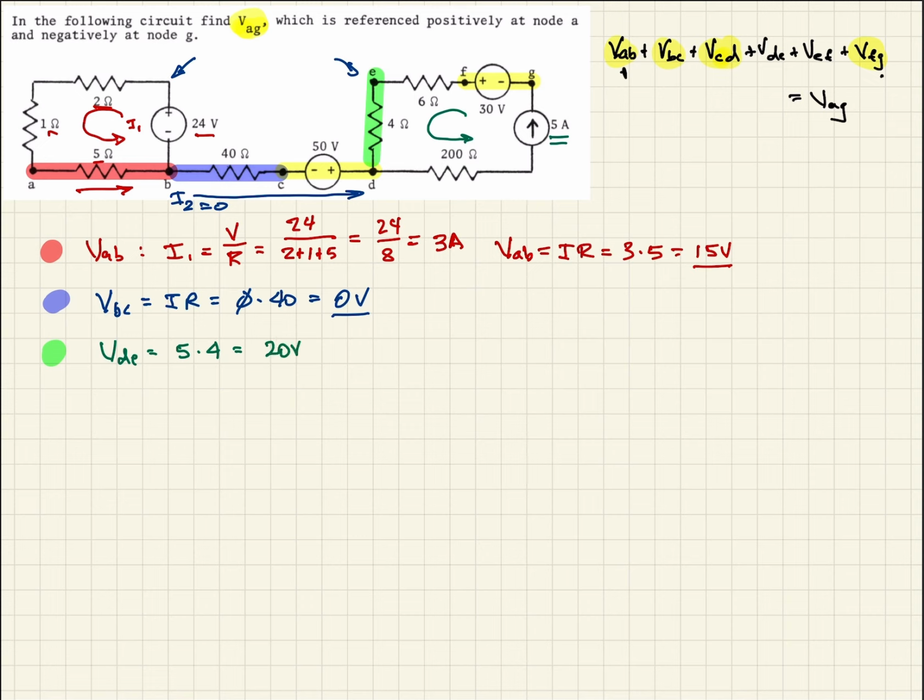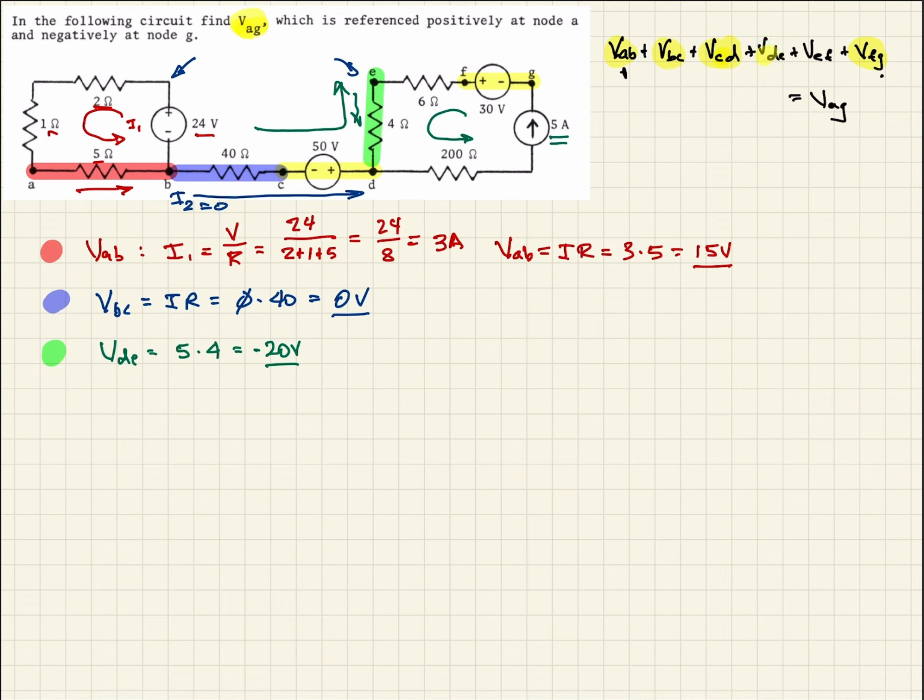Now we need to take into account that the direction we're traveling is this way, and the current is flowing back against us. So this will be negative 20 volts.